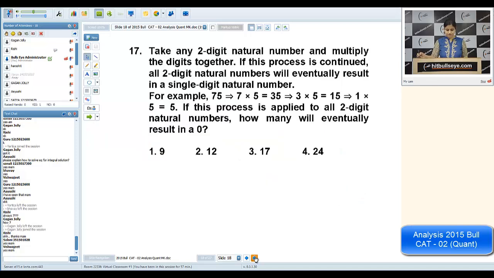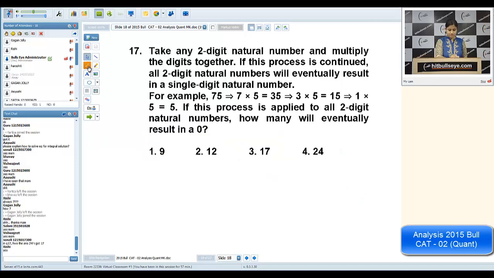Okay. Question number 17 now. Sonali, let us discuss this question. Take any two-digit natural number and multiply the digits together.